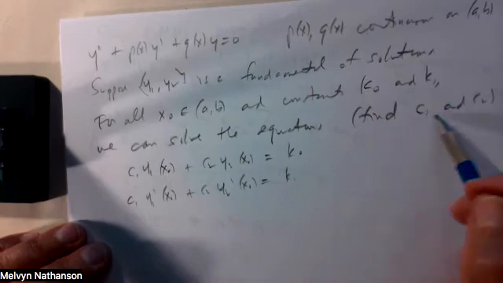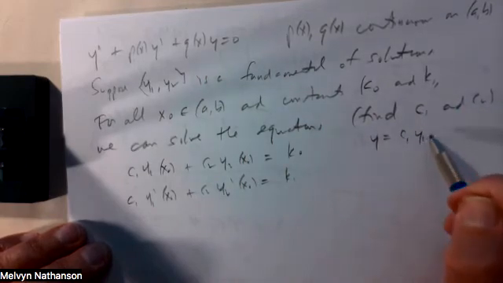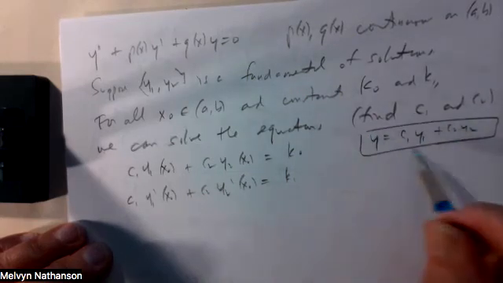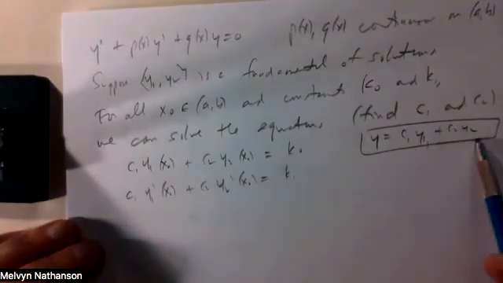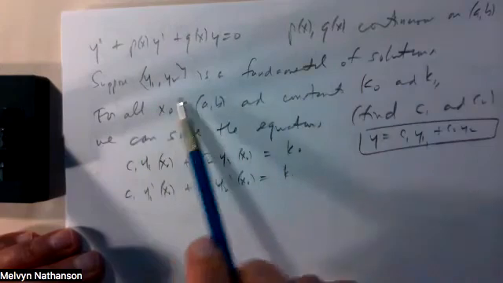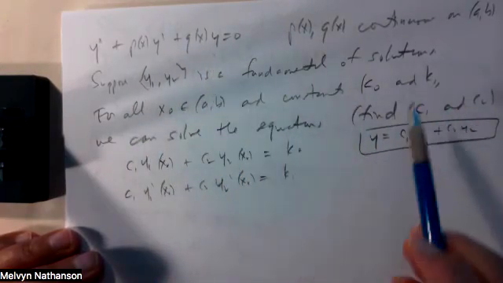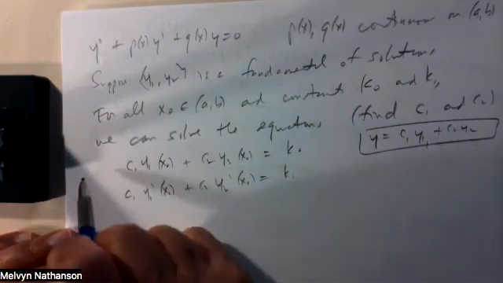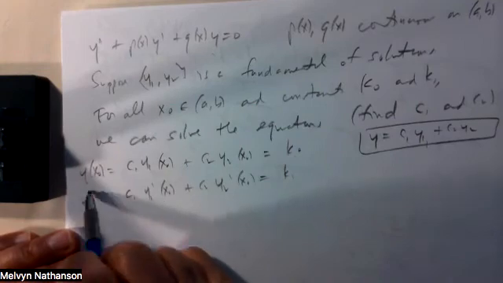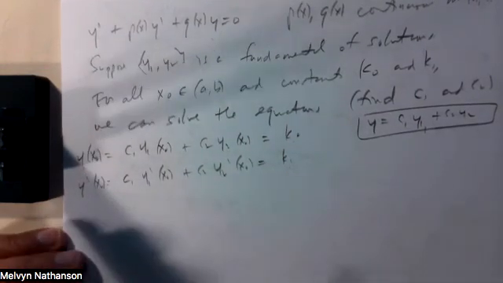That is, if we take y to be this linear combination C1 y1 plus C2 y2, it is a solution of the differential equation that satisfies these initial conditions. This is y of x naught equals k naught, y prime of x naught equals k1.